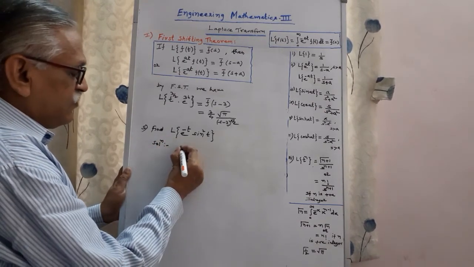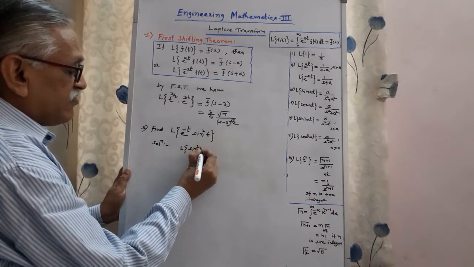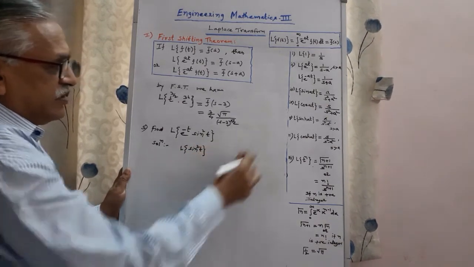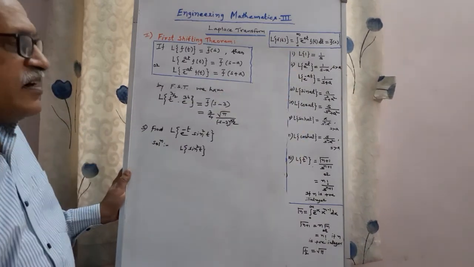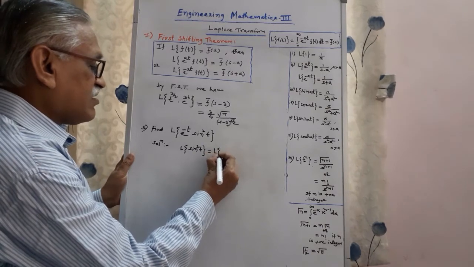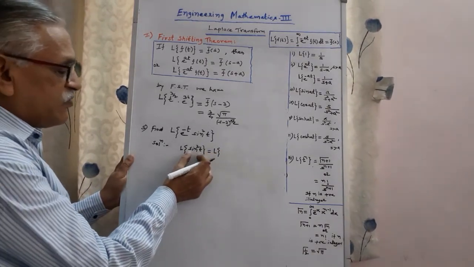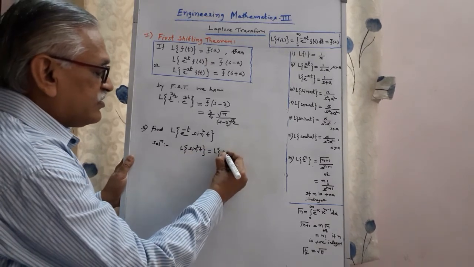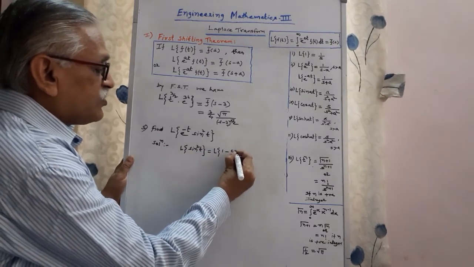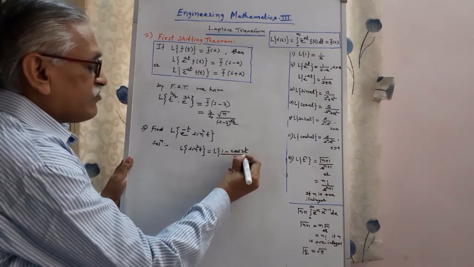In the first step, we find the Laplace of that function sine square t. It is not coming under any standard form, therefore we have to convert it using a standard trigonometric result. Sine square theta is 1 minus cos of 2 theta by 2, therefore 1 minus cos of 2t by 2.